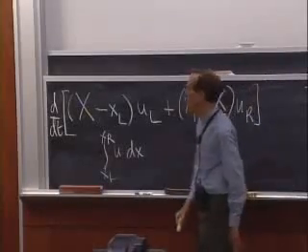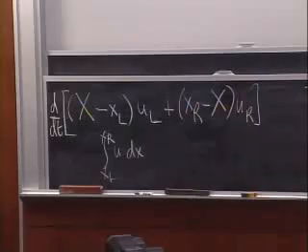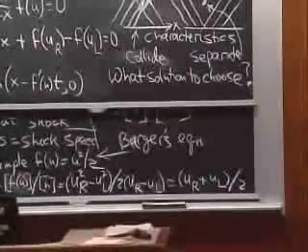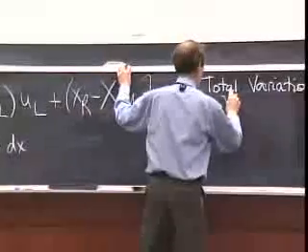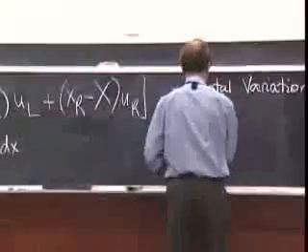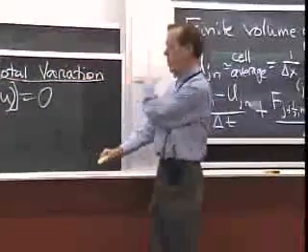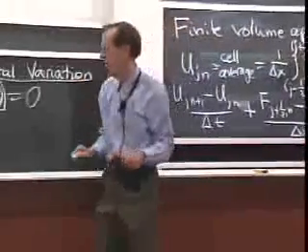And then, copying this term, is exactly our jump in f of u, plus the jump in f of u is 0. Those words, total variation, are a reminder to myself for what comes next.